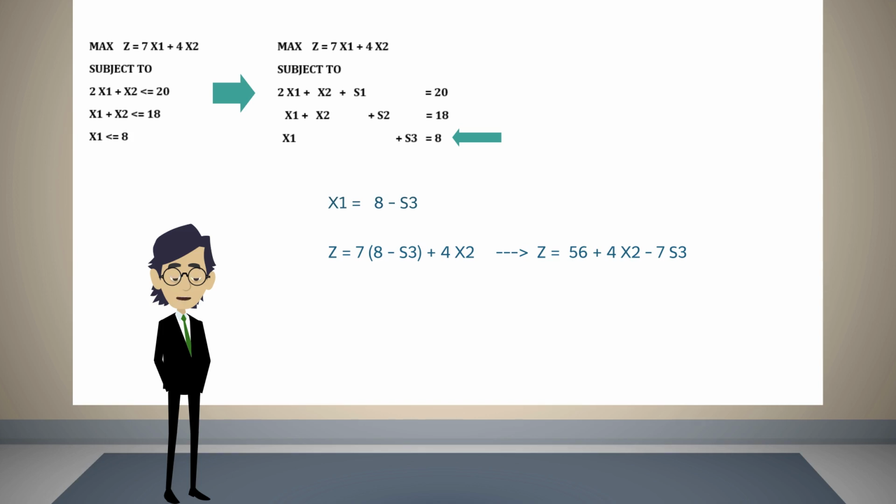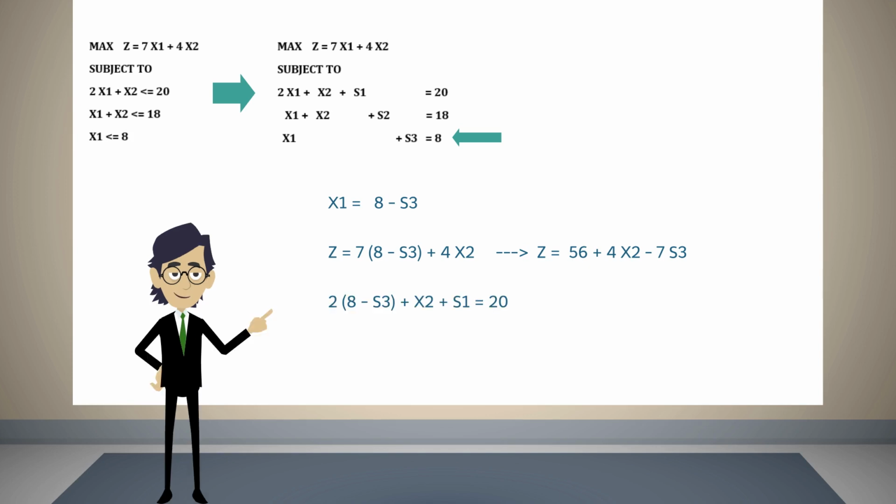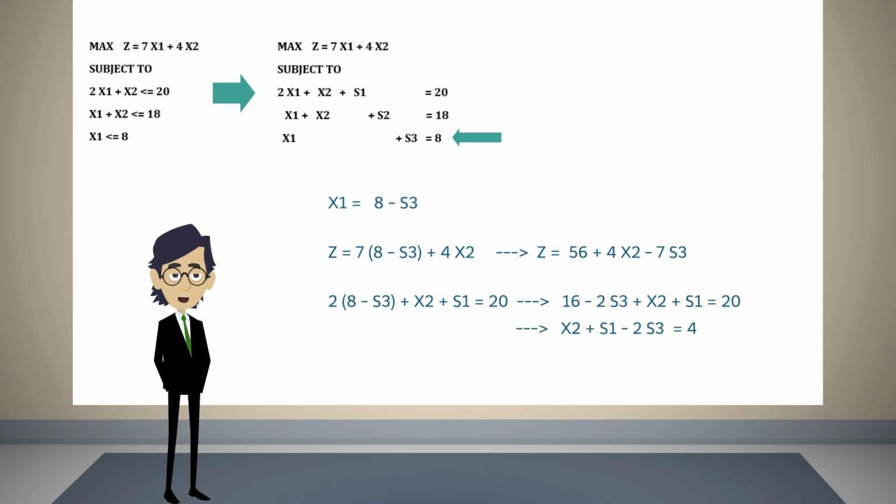Now we substitute the value of x1 in the first constraint. Now we develop the expression. By simplifying and arranging again, we conclude that the first constraint can be expressed as x2 plus s1 minus 2s3 equal to 4.